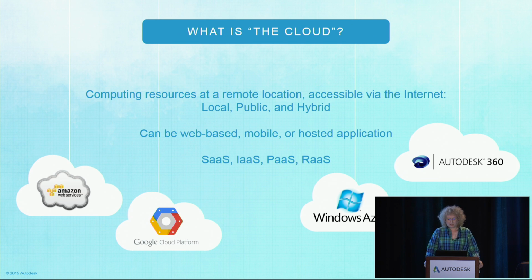There's a few acronyms that you should know. There's software as a service, and that may be something like Salesforce, where you connect to computers and software and data that's hosted remotely. There's infrastructure as a service, so bare metal computers that you can set up and run yourself in the cloud.